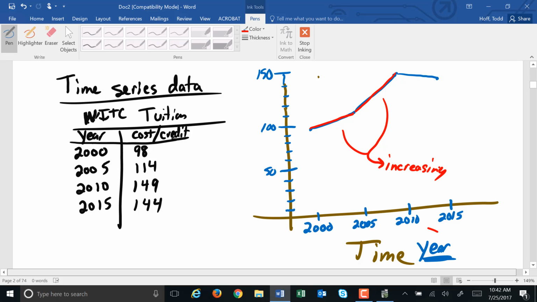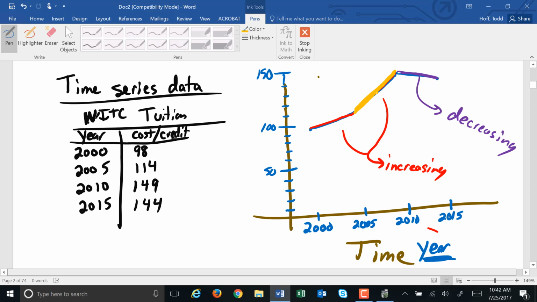Tuition was increasing from 2000 to 2005 and from 2005 to 2010. It was decreasing from 2010 to 2015.